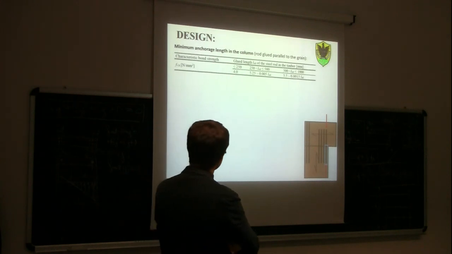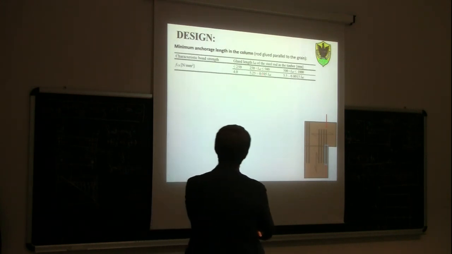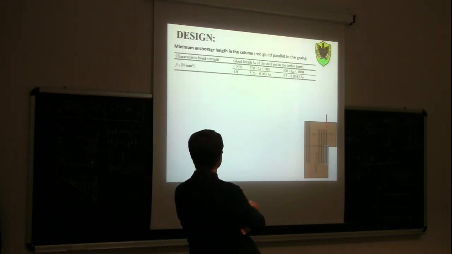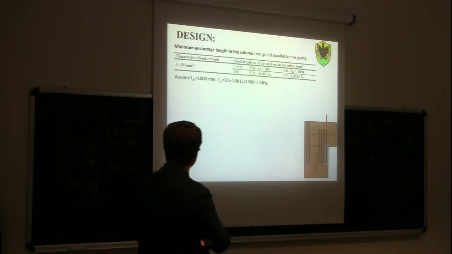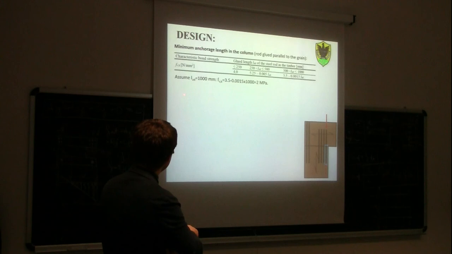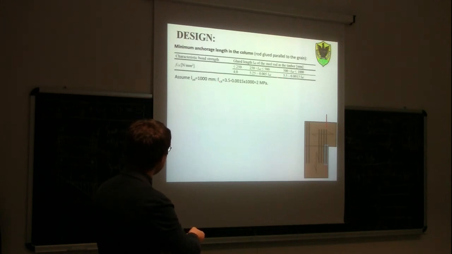If the glue length is between 250 and 500 millimeters, it is given by this relationship, and if the anchorage length is between 500 and 1000, it is given by this relationship here. So we can start by assuming that the bond length is 1000 millimeters. If the bond length is 1000 millimeters, FVK is given by this relationship here, so it's 2 megapascal.